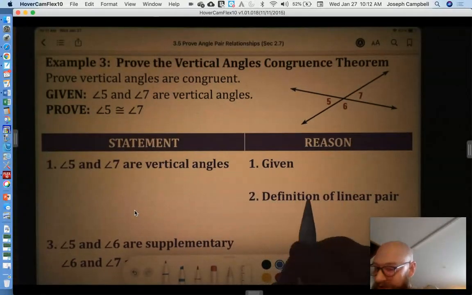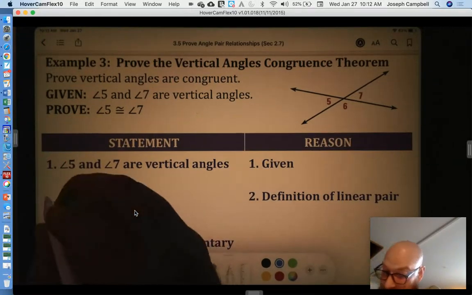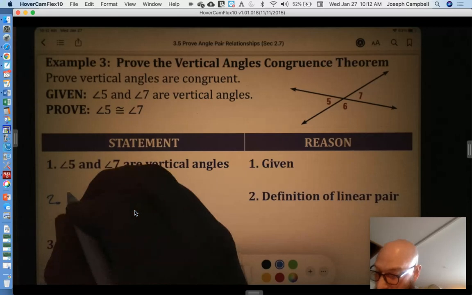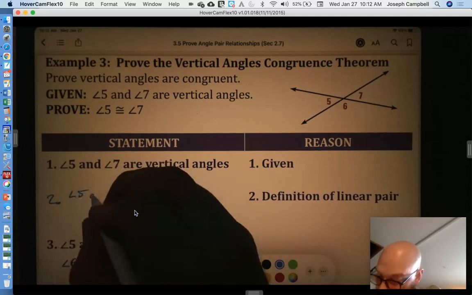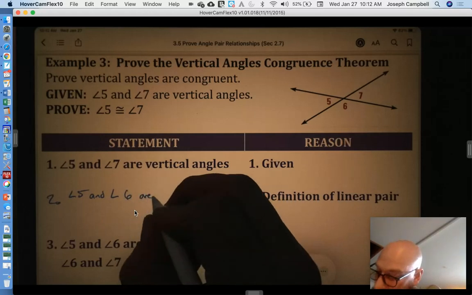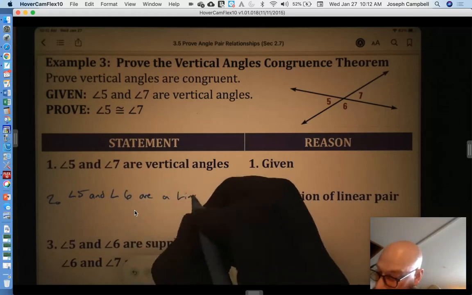Do you see any linear pairs here? I see some linear pairs. Can you name some linear pairs? Two angles that share a common side and whose non-common sides form opposite rays? Yes, I see a couple pairs. I could say that angle 5 and angle 6 are a linear pair.